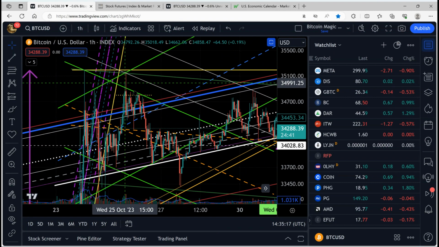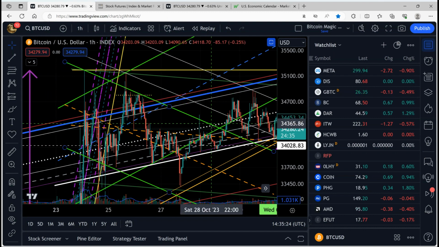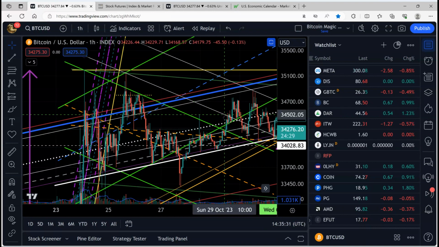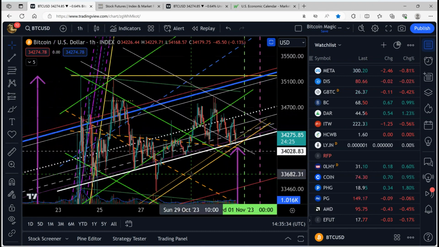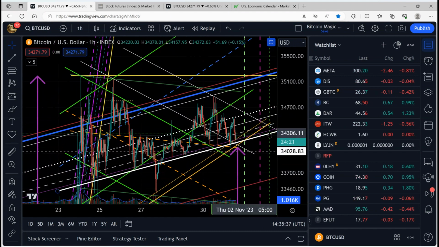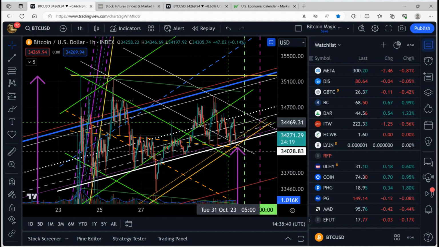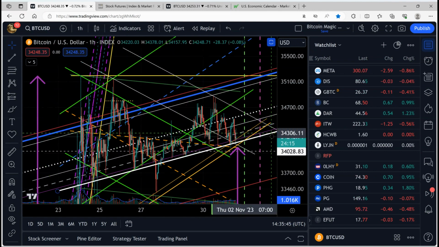And this one going downwards and this one going upwards. Now they were forming a symmetrical triangle here, and we did hook around it, break out of it, but since then we're just consolidating sideways within various versions of that symmetrical triangle with lines just simply extended out.